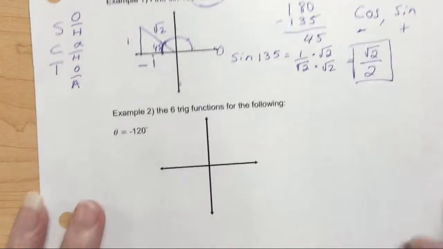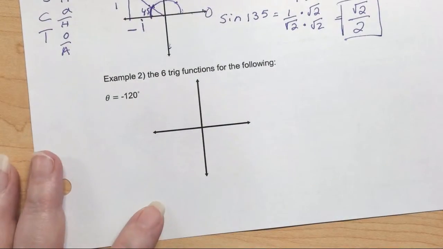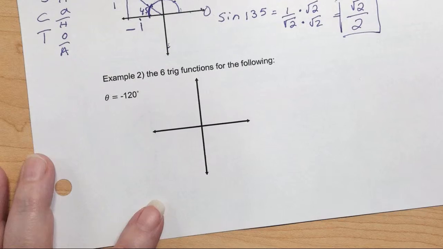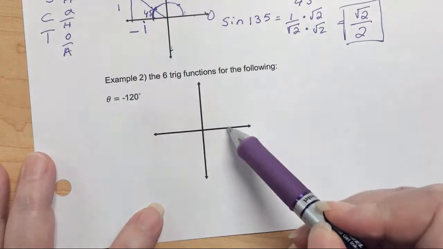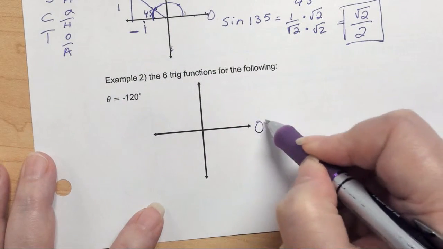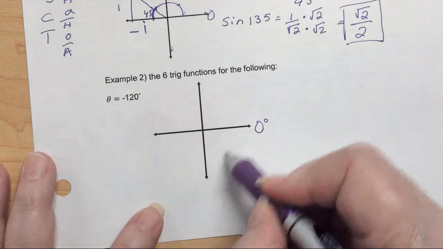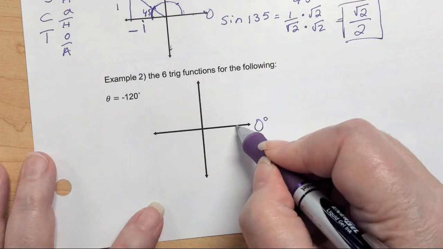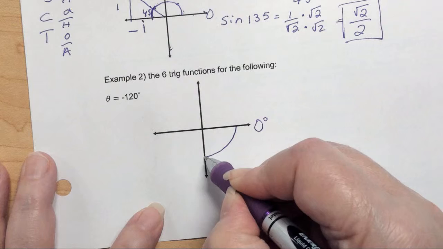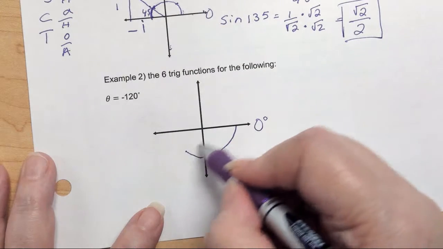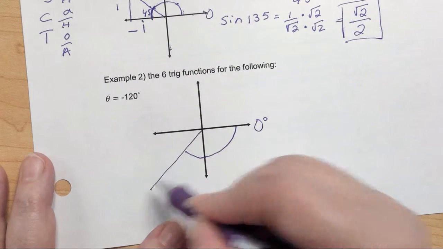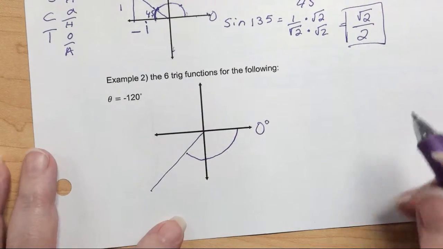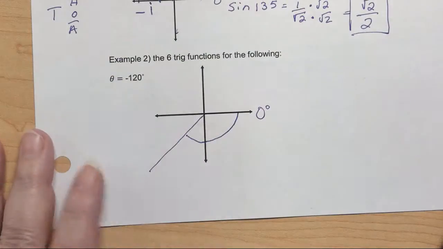All right. -120. Am I going up or am I going down? And we always start at 0. Down. So I go -90, -110 or 120 is going to be right there. I need to find that reference angle.